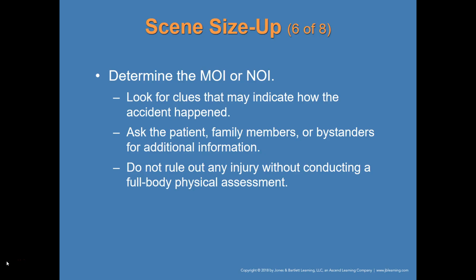So just because we see that spidering of the windshield and that's all we see, we can't just concentrate on checking that patient for a head injury. We need to do a full, thorough assessment of the entire body to give us more information and rule out some of the other injuries that might have occurred.